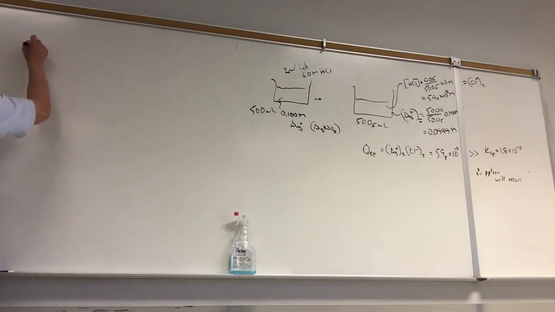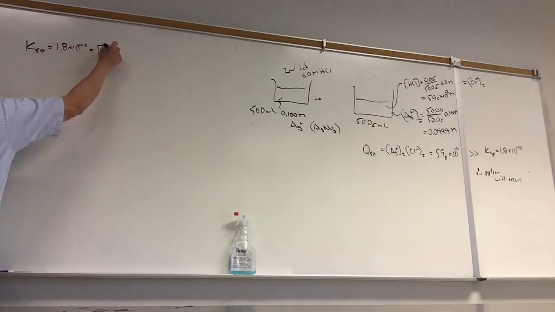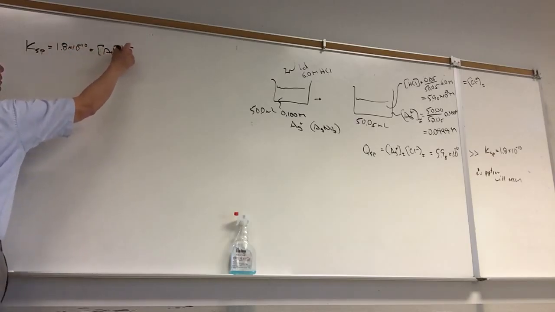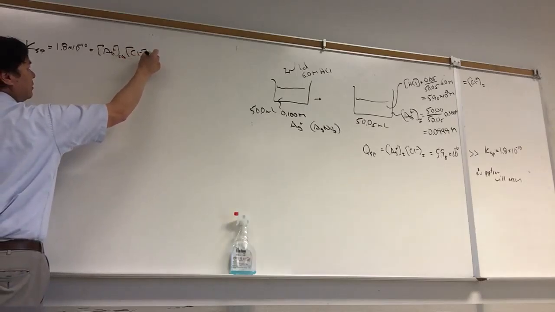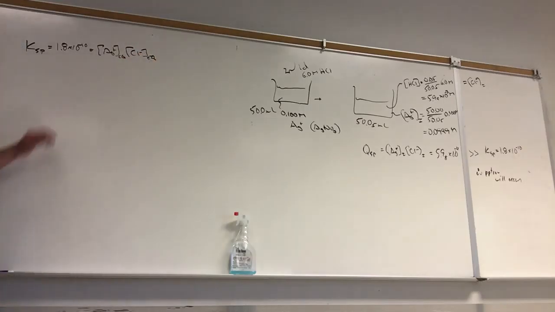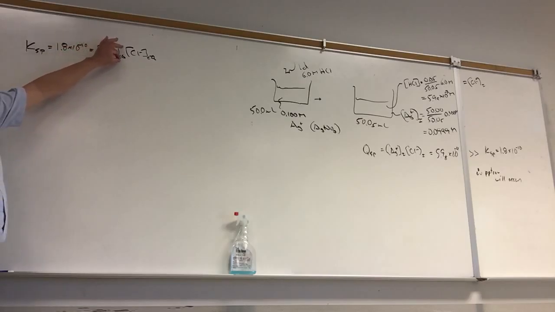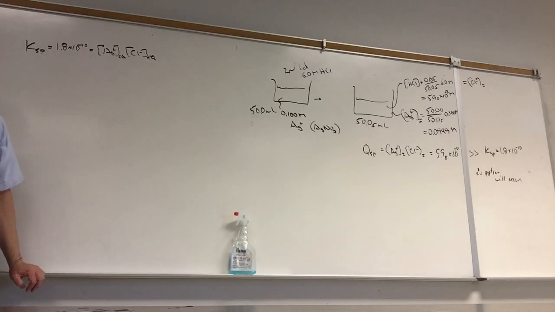Well, the KSP has to be maintained. This is going to equal the silver ion concentration at equilibrium times the chloride ion concentration at equilibrium. To bring the equilibrium silver ion concentration down to 0, the chloride ion concentration has to go up to infinity. So it's not possible to precipitate out all of it, but maybe I can get most of it out, or at least some of it.